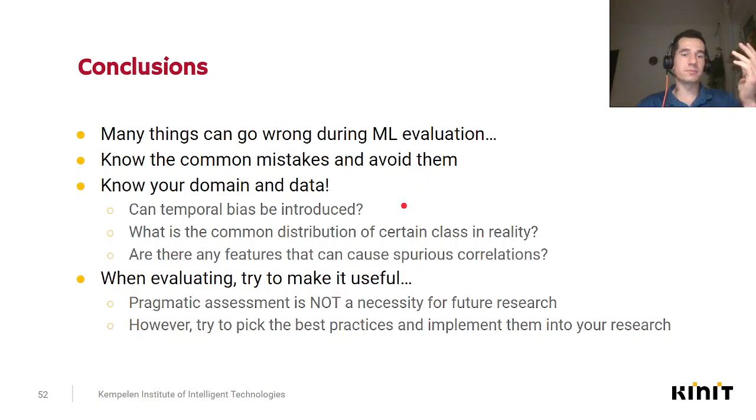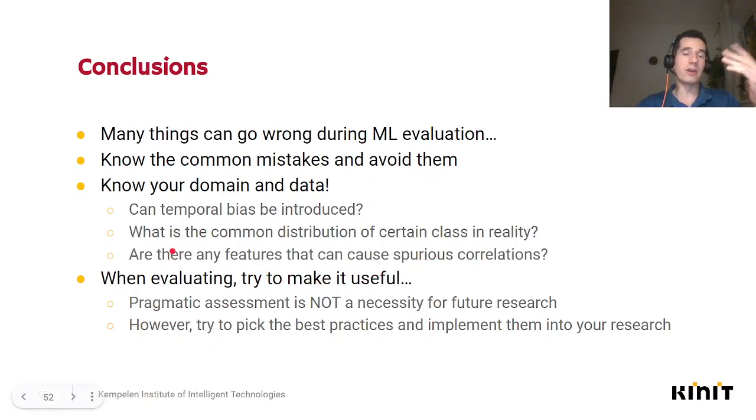How so? Can a temporal bias be introduced? We should tell by the data we work with. What is the common distribution of certain class or certain classes in reality? So if we know the distribution, or at least some approximation, we could form our data set to have approximately the same distribution as reality.